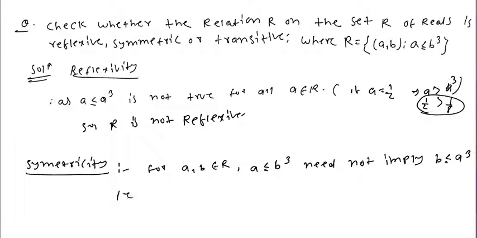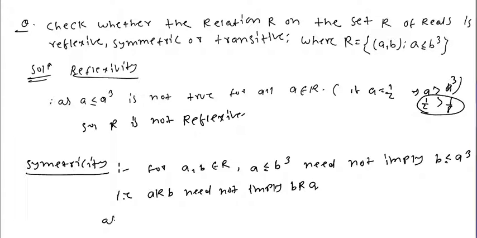That is, a related to b need not imply b related to a.